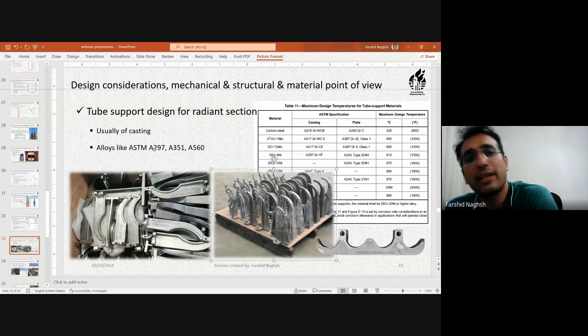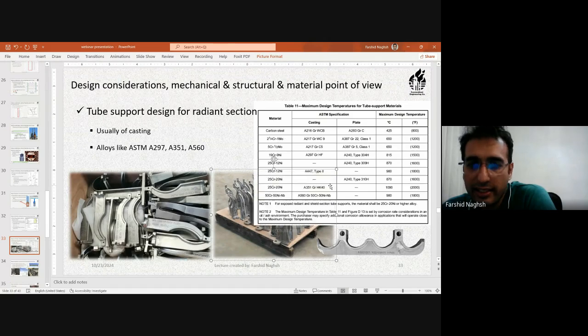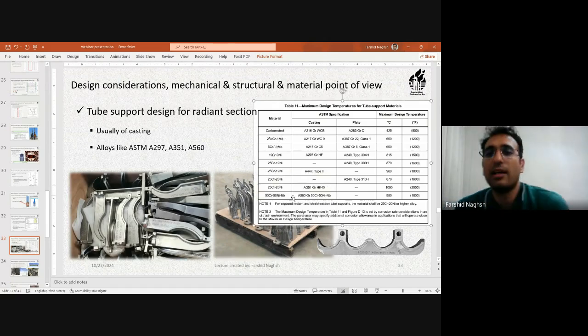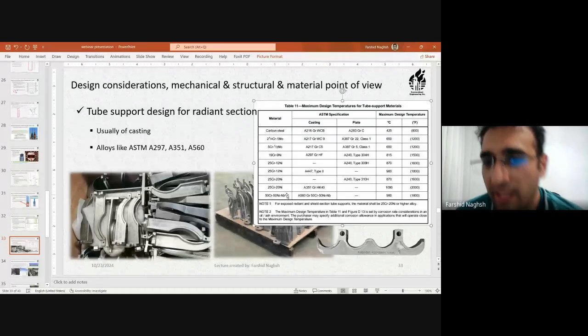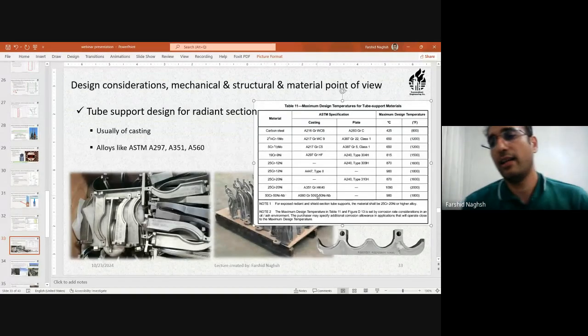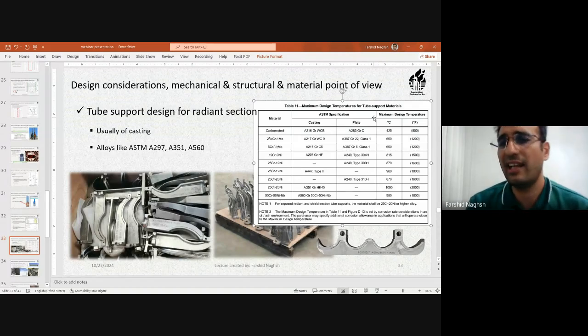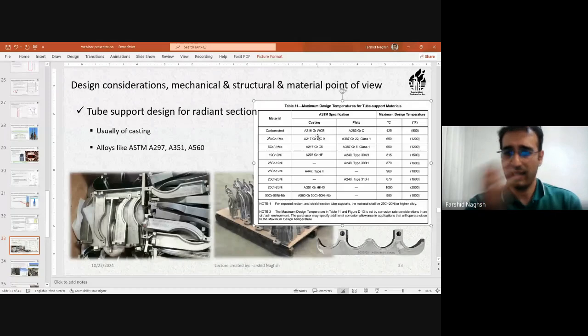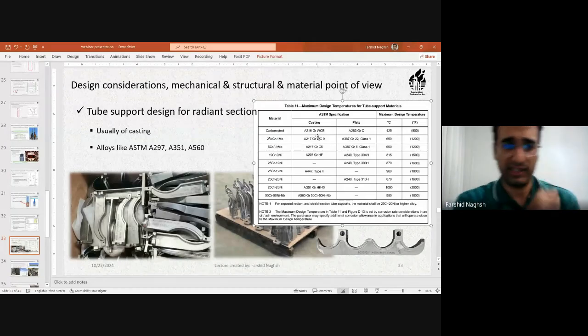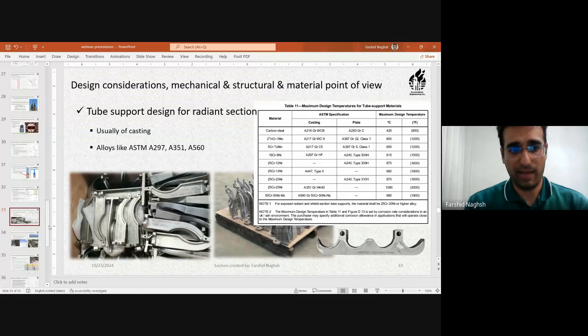They are high alloys like ASTM A297, A351, and A560, and the materials are 50 chrome 50 nickel niobium, or 25 chrome 20 nickel, based on the temperature. I haven't seen any plates used as a form of manufacturing of the supports. They are mostly castings, and they are carefully analyzed using the finite element method and designed by the manufacturer. Okay.